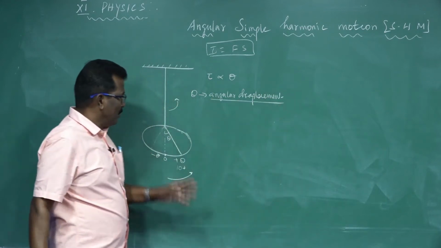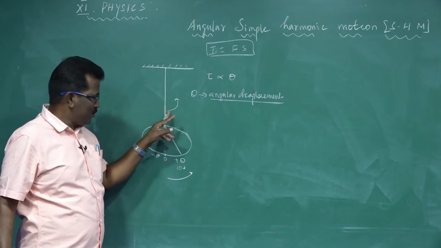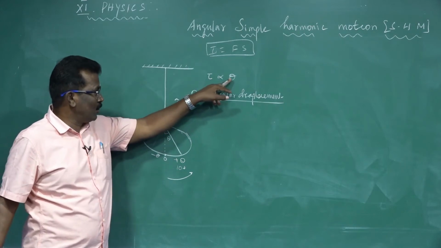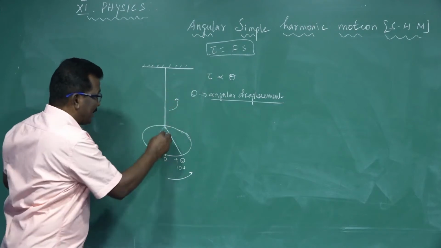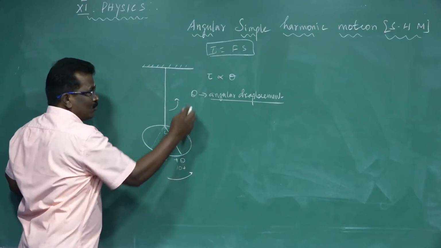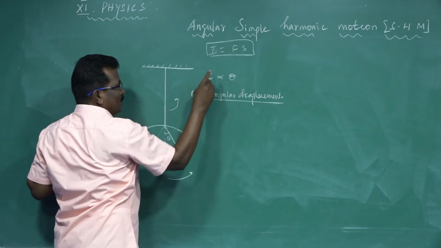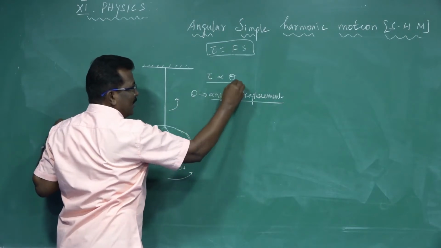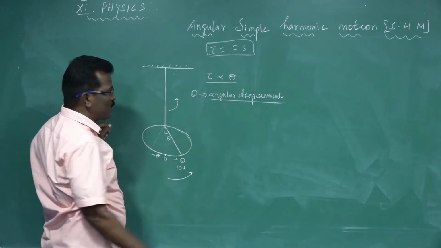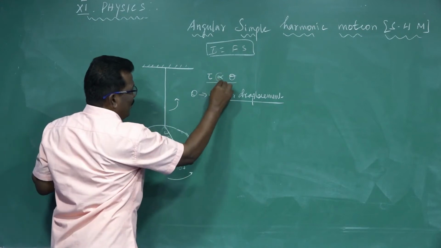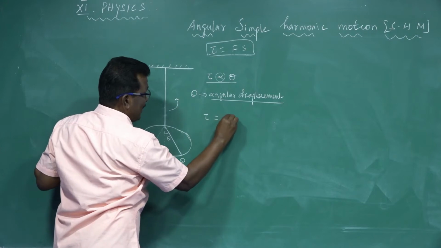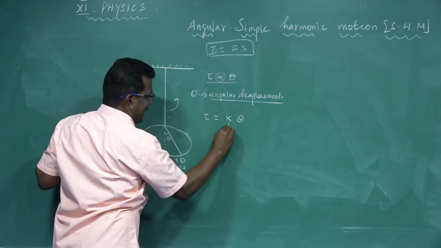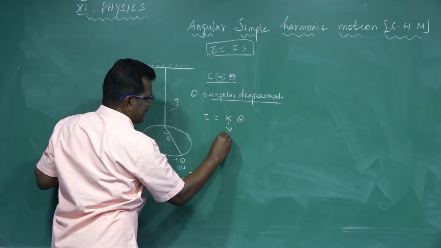The torque set up in the string is directly proportional to theta. Removing the proportionality, the torque tau is equal to k theta, where k represents the torsional constant.